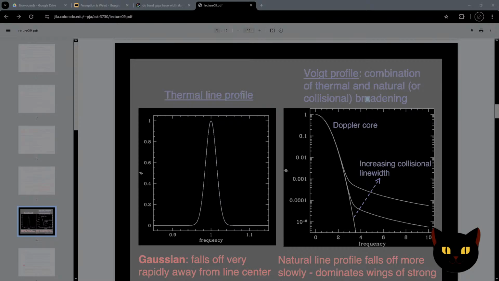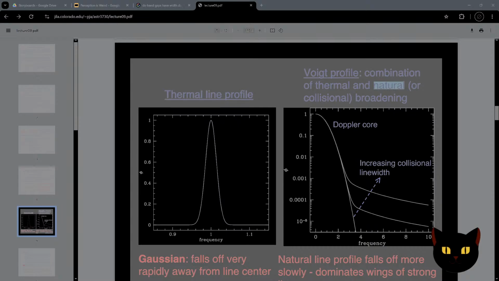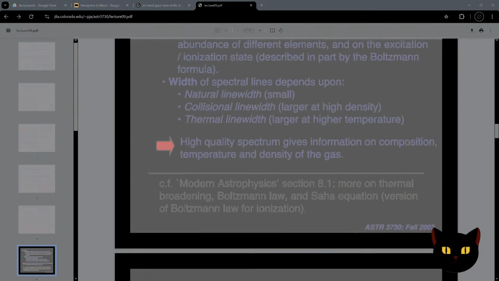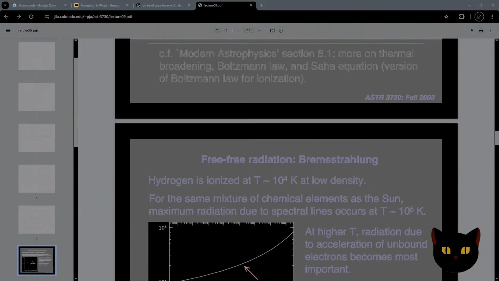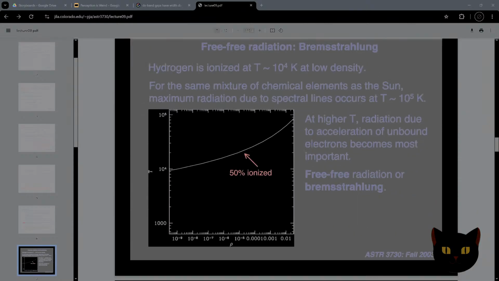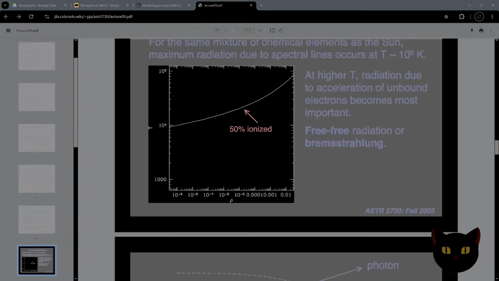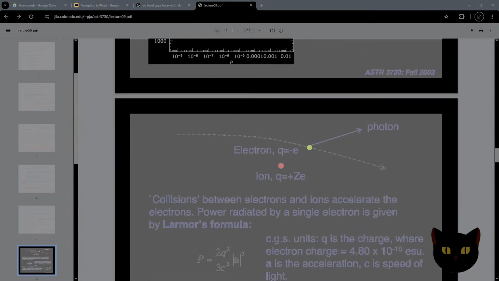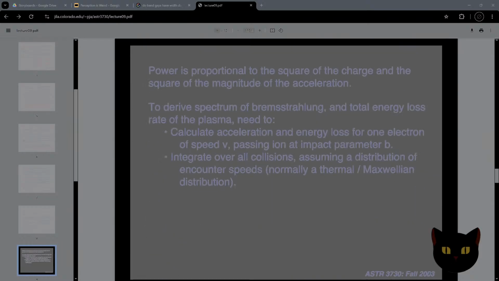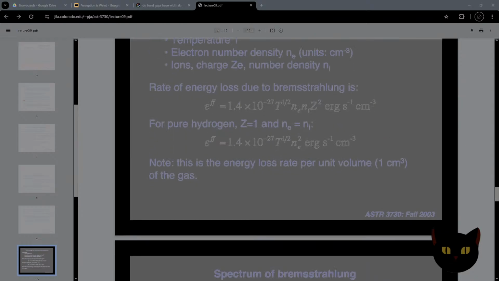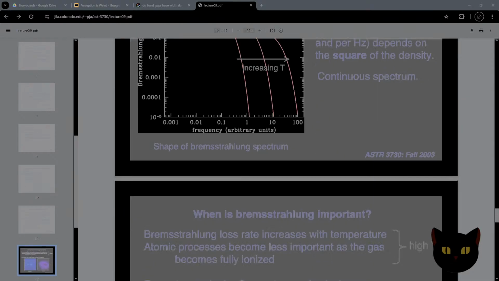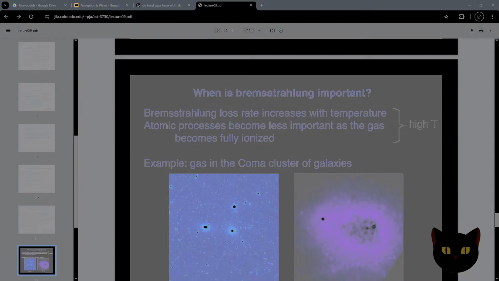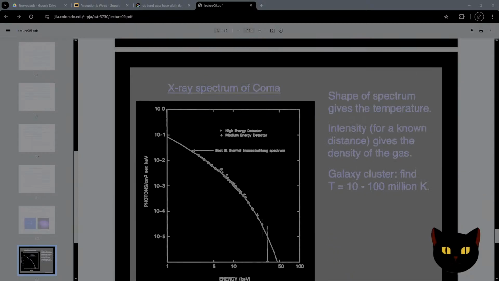Collisional broadening. I don't know that term. This is a totally different effect.